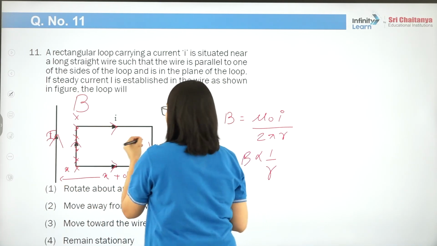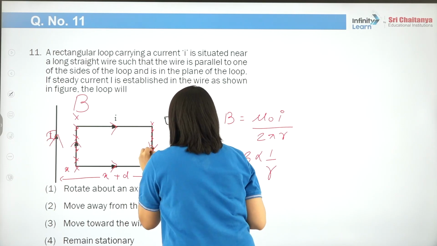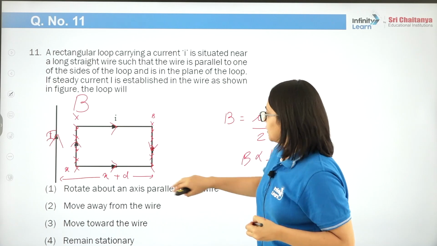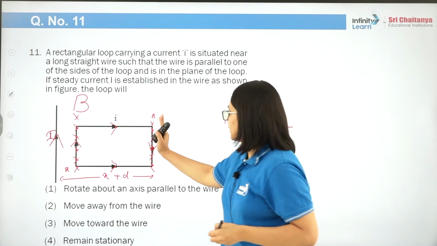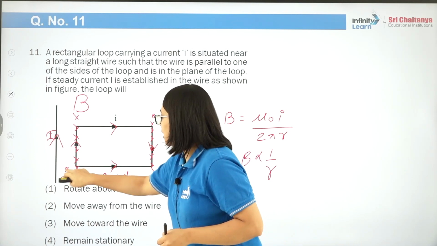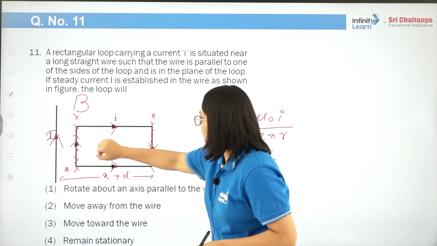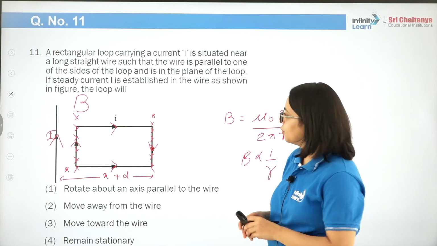Then in this region, the value of magnetic field will be smaller, because r is more for this side, and this r is less as compared to this r. So value of magnetic field will decrease with increase in r. Fine.